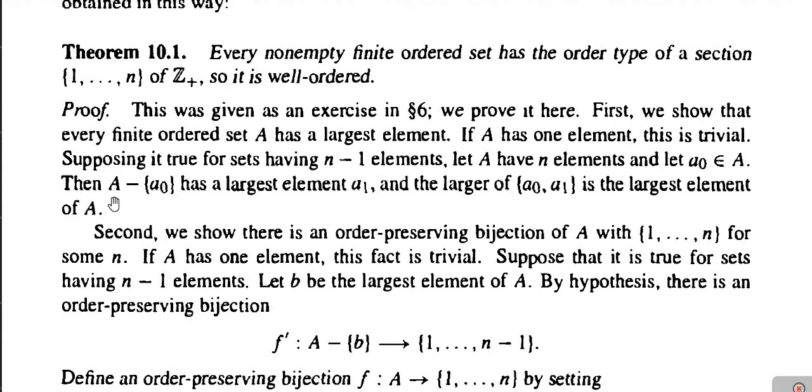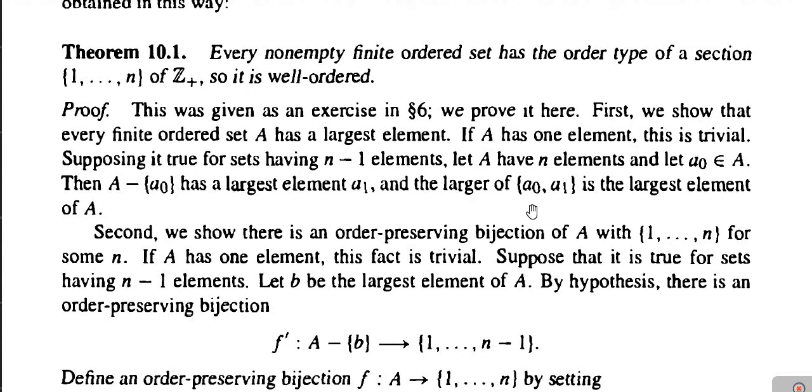So the set A minus {A0} consists of n-1 elements, and as per our supposition it has a largest element. Suppose the largest element of the set A minus {A0} is A1.